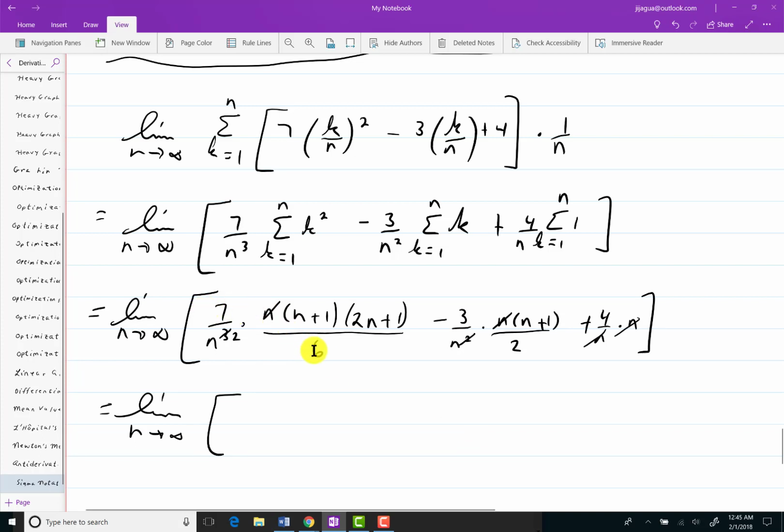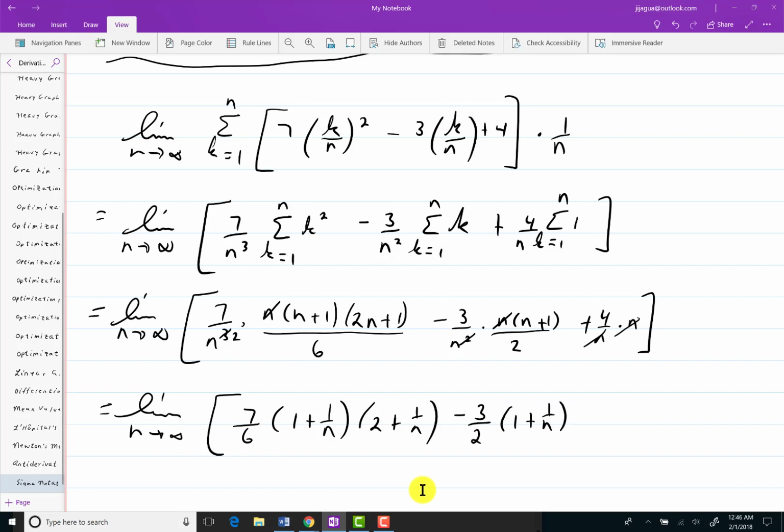So I'll have the limit as n goes to infinity. I'll have 7 over 6. N plus 1 over n is 1 plus 1 over n. 2n plus 1 over n is 2 plus 1 over n. Minus 3 halves times 1 plus 1 over n plus 4.